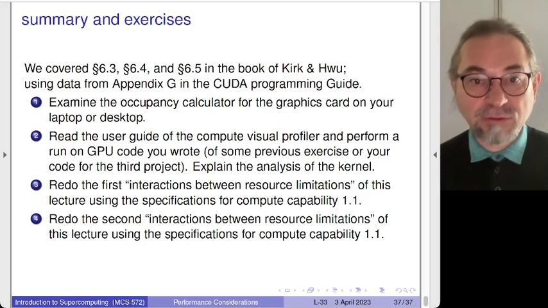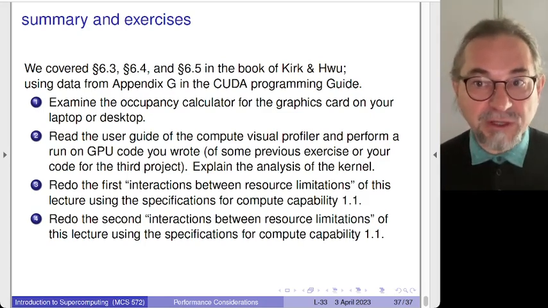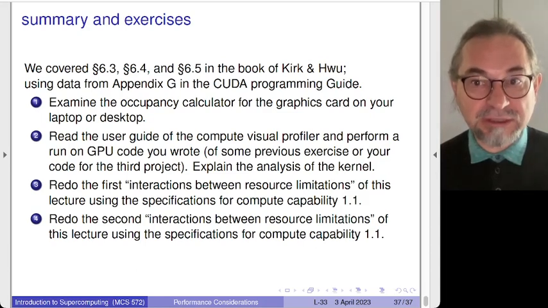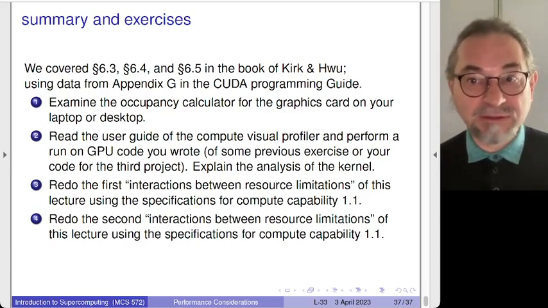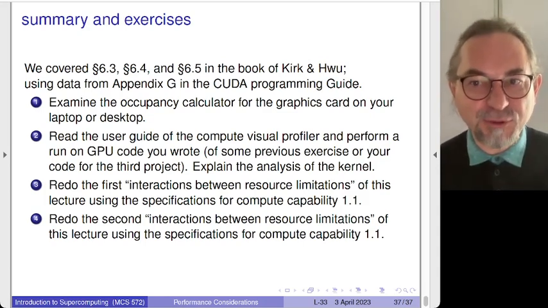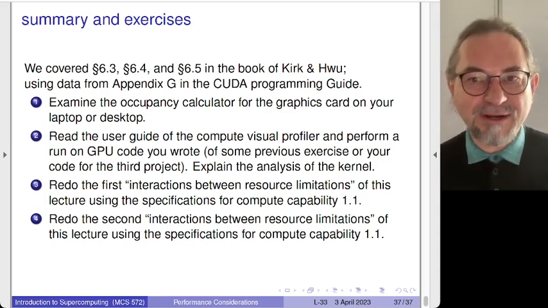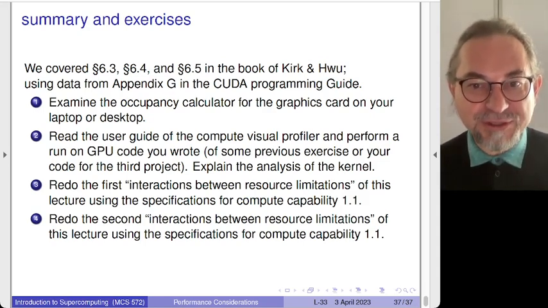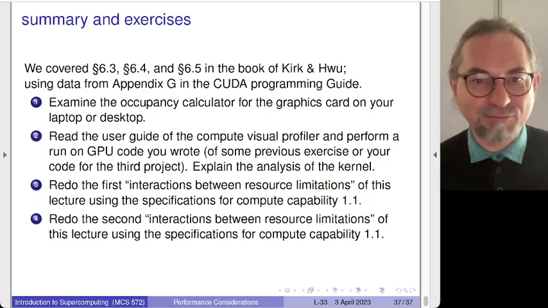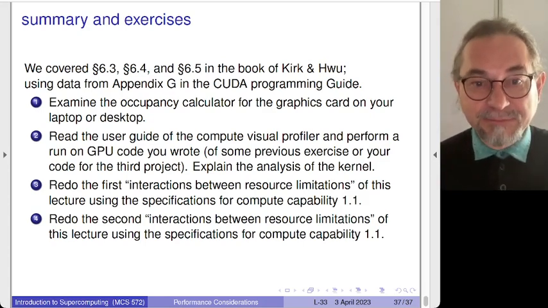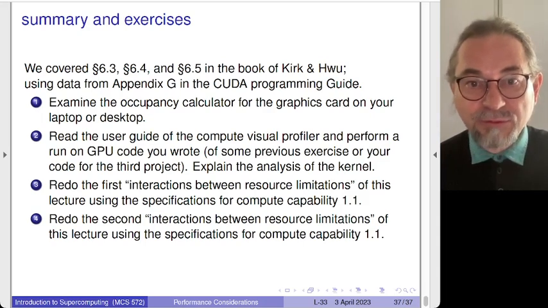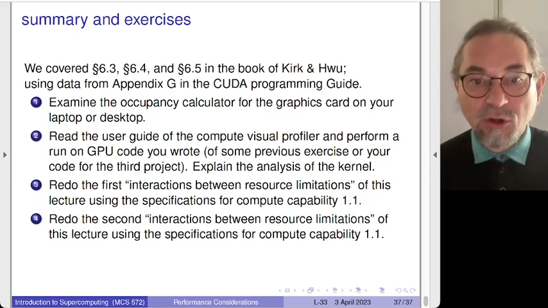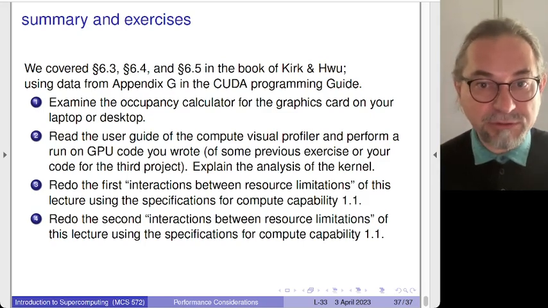At that point, you can Google around to see the specifications of the vendor. If it's an NVIDIA one, then of course you must install the NVIDIA programming toolkits. At the end of this course, well, already you must have installed it. Then experiment to see how you can experience the resource limitations, be it the number of available thread slots or the available registers blocks.